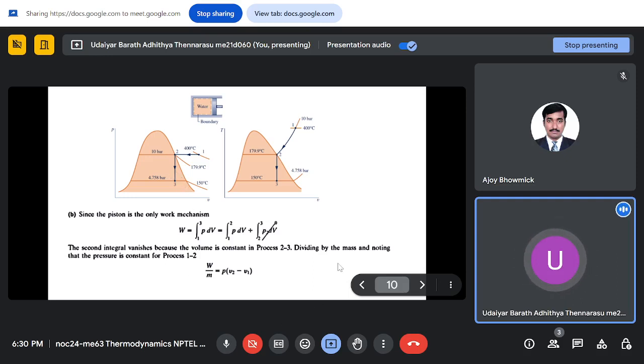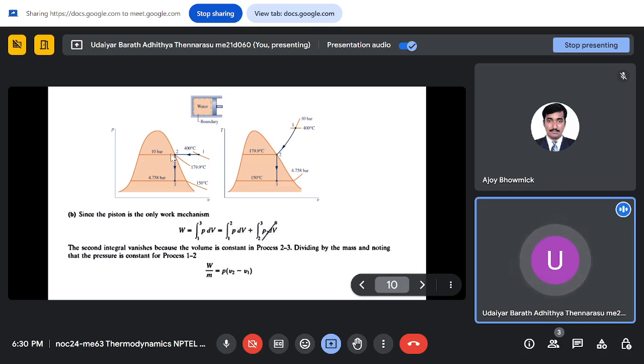Now we need to calculate the total work done during the process 1 to 3. The net work done we can calculate in two steps, 1 to 2 and 2 to 3. The work is the integration of PdV, from 1 to 2 and 2 to 3.